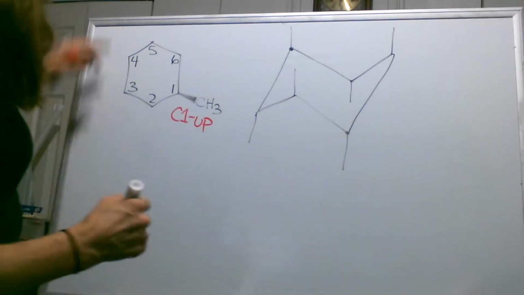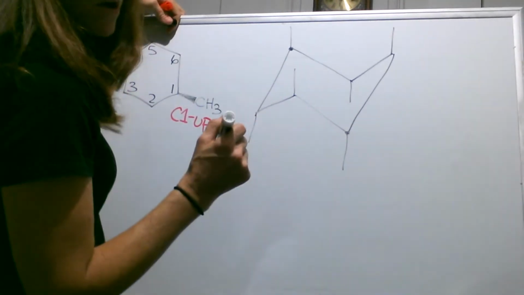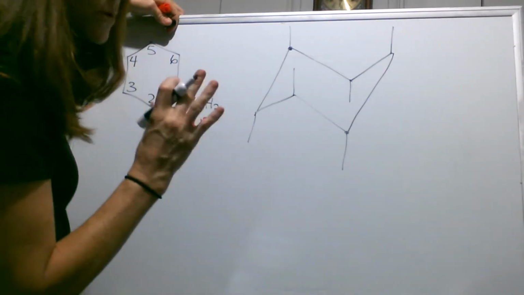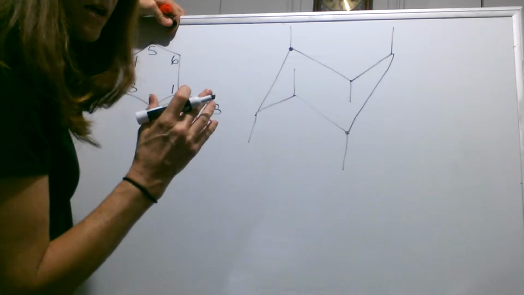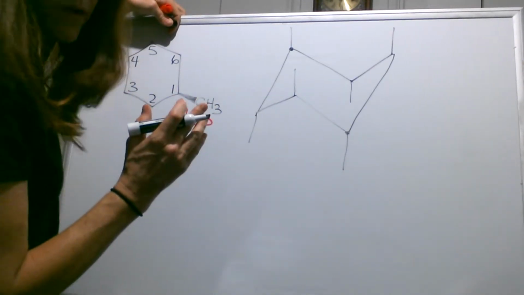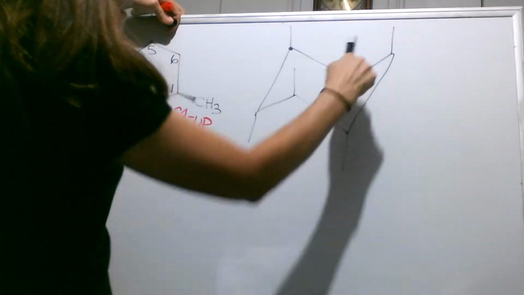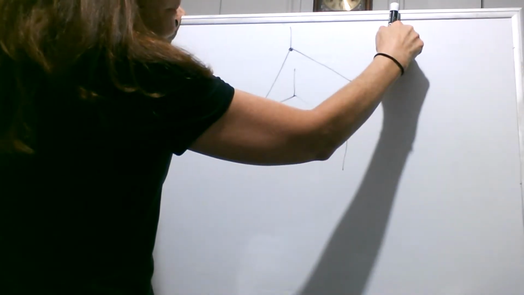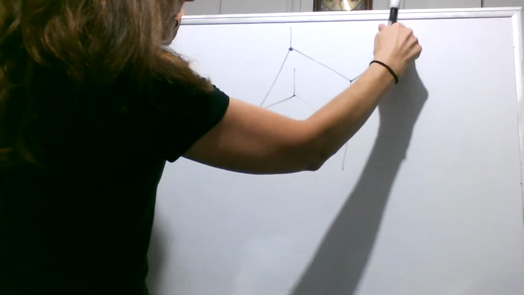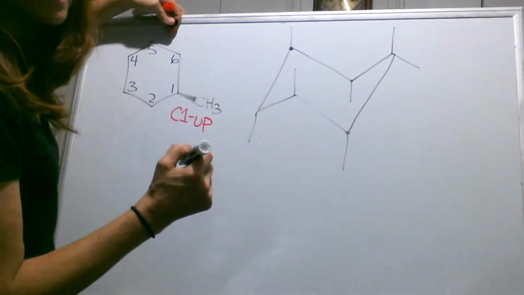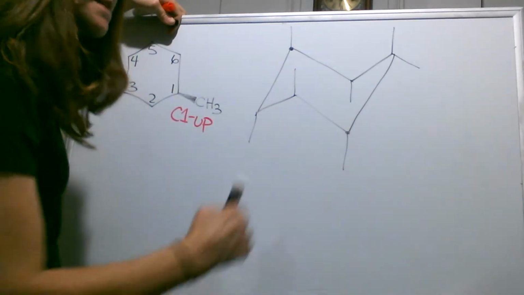Second thing you do is you fill in all the equatorial bonds. The equatorial bonds are the ones that are slightly horizontal, but you'll see that they also have an up or a down trend, just not quite as dramatic as the vertical bonds. Since the axial bond is up, starting with this carbon, the equatorial bond slants down a little bit. And then we do that same alternating.